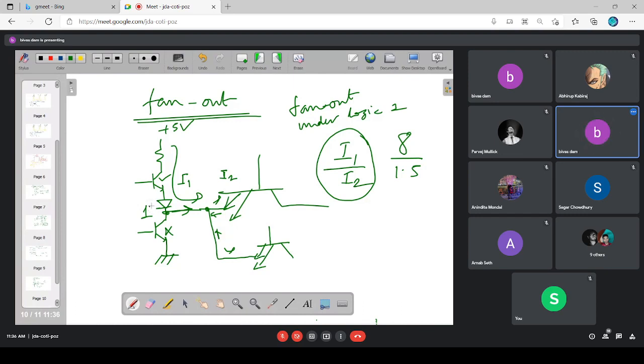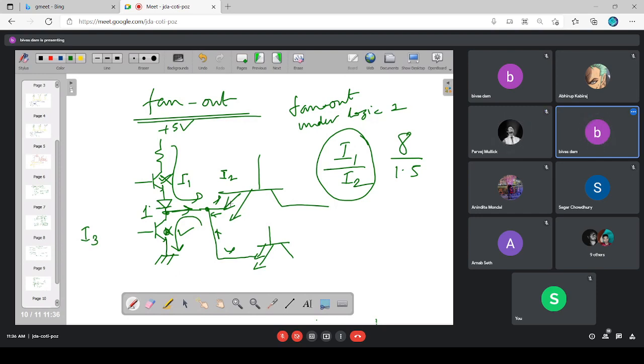Similarly, when this is sinking current, this will be on, this will be off, and the current flows in this manner. If the maximum current that can be sunk by this output is I3, then the corresponding PN junctions at the input side are all sourcing current. They are forward biased, is it not?